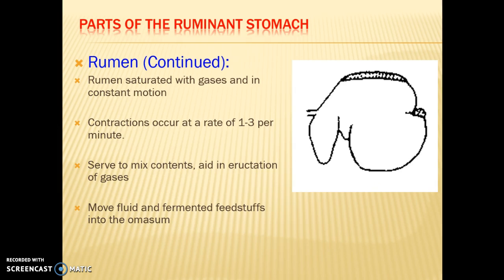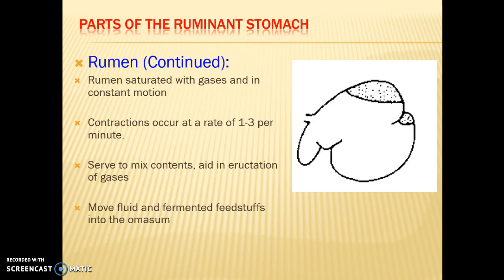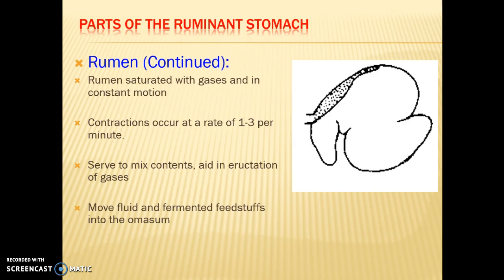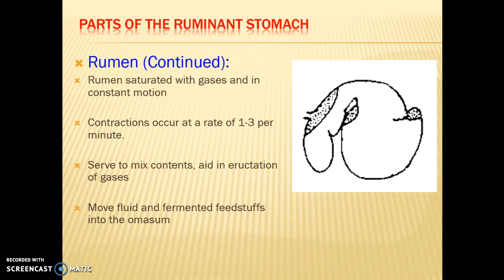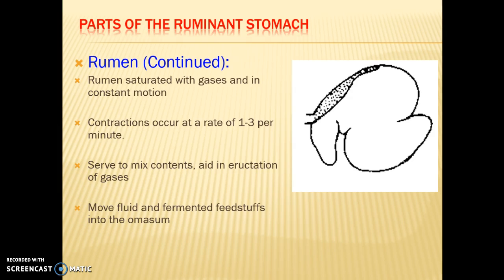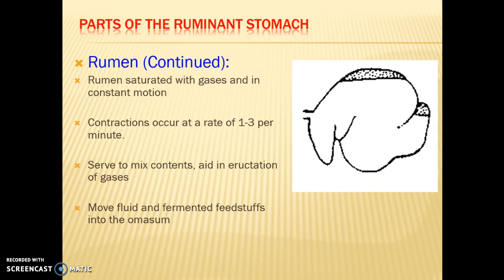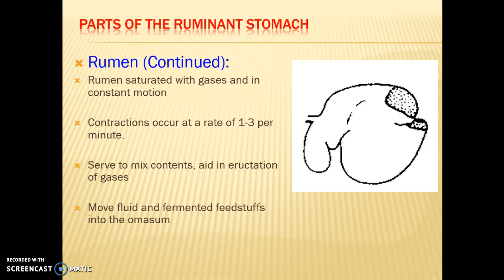Here you can see how it propels the food and fluid to the next compartment. These contractions occur at the rate of 1 to 3 minutes in a normal animal, but it may change according to the diet or different physiological conditions.